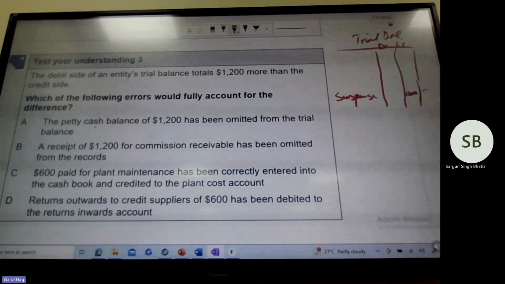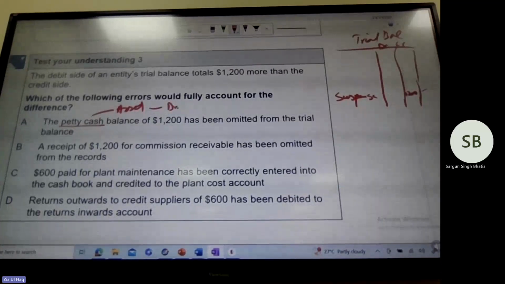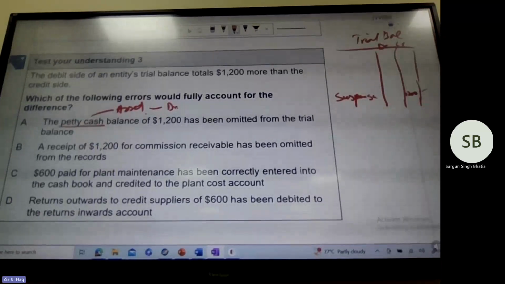What is petty cash? It's an asset, and an asset's balance is normally debit. If omitted from the debit side, then recording this 1200 on the debit side will further increase the suspense by 1200.